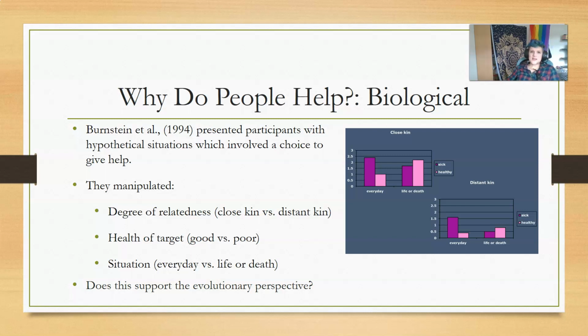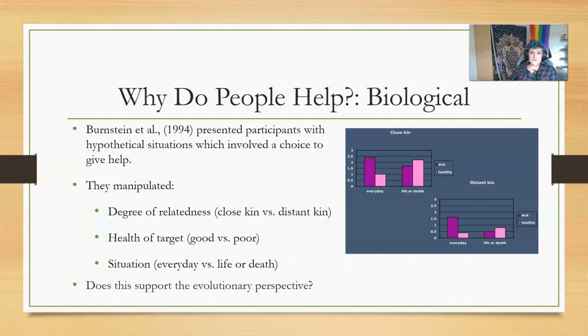Now, as we can see, you are more likely to help someone who is sick in an everyday circumstance if they are close kin. However, if it's a life or death circumstance, you're actually more likely to help the healthy person.